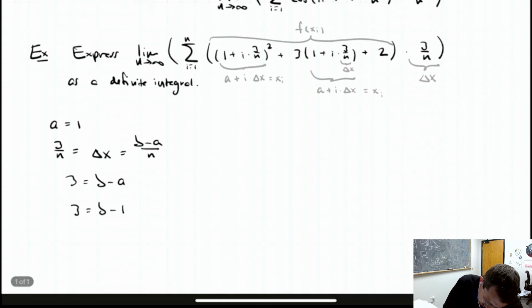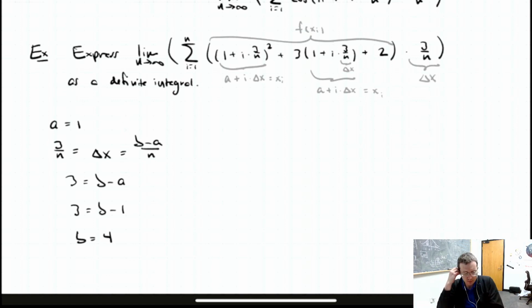But a was 1, so b is 4. Right? If I integrate from 1 to 4, that's a width of 3, so delta x is going to be 3 over n.